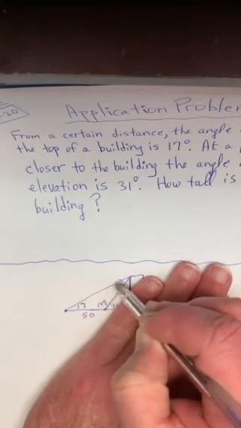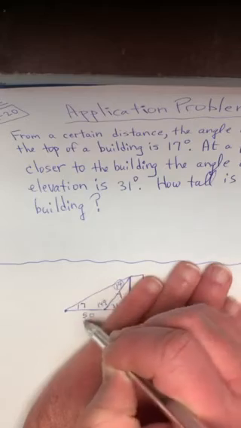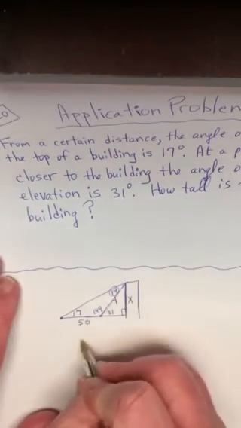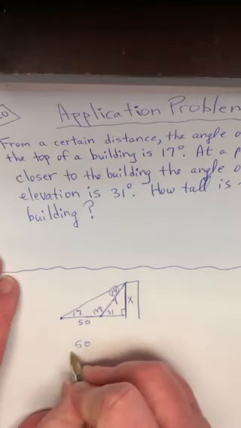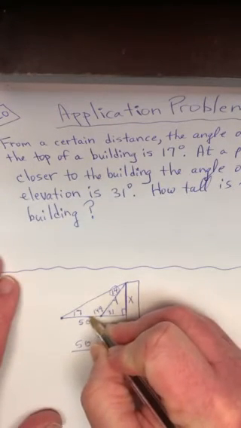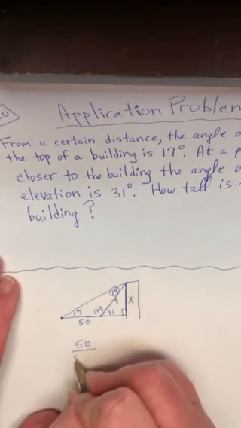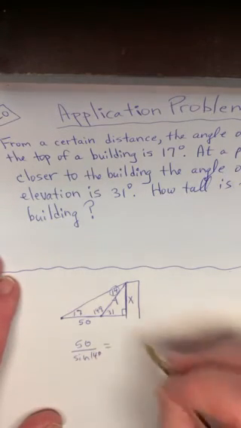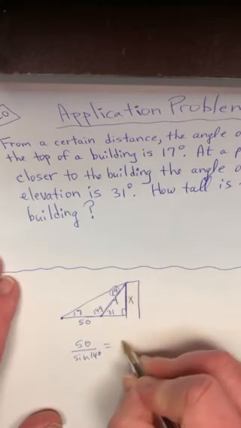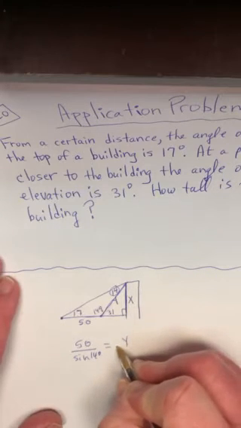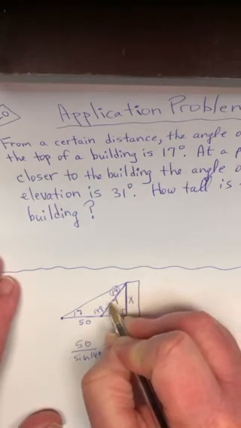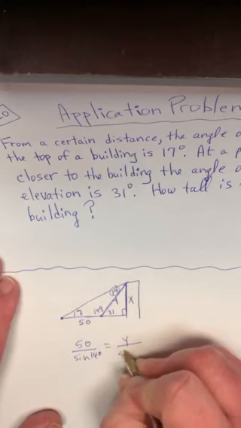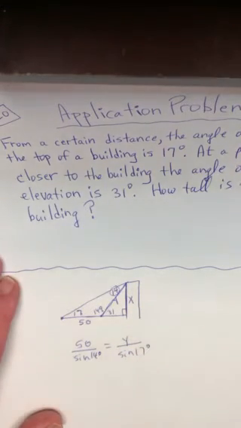So if I use the law of sines that we learned about a couple of days ago, couldn't I take this side, which is 50, put it over top of the angle that's across from him and write the sine of 14 equals, now take this side, which is Y, and put him over top of the angle that's across from him, which would be the sine of 17.